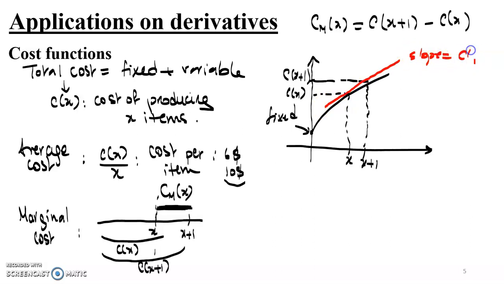So the slope here is C prime of x. However, going back to the marginal cost, the marginal cost is the difference between C of x plus 1 and C of x. The denominator here is 1, and the difference between x plus 1 and x is 1. So I could replace the denominator by x plus 1 minus x.